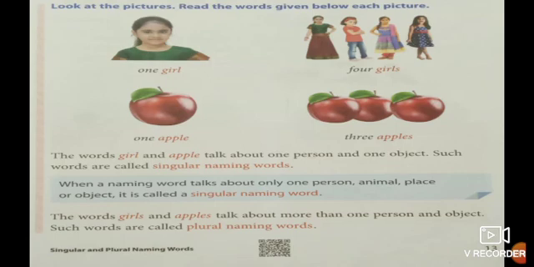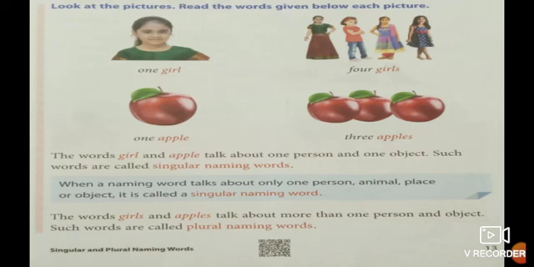Okay. Now see, the words girl and apple talk about one person and one object. Such words are called singular naming words. Children, we have seen in the first picture there is one girl and next 1 apple.